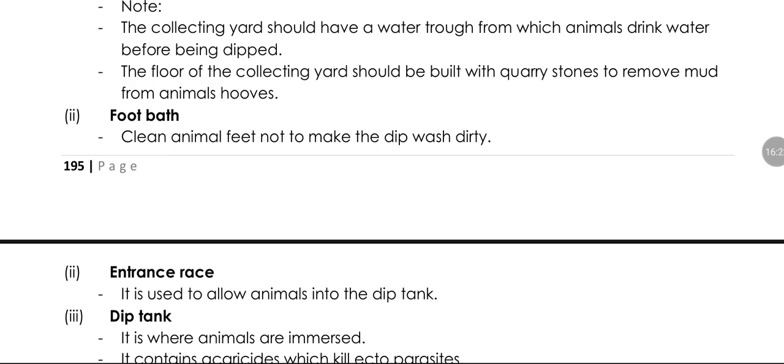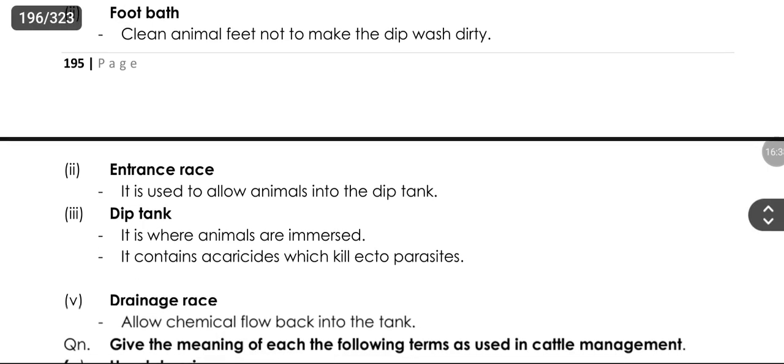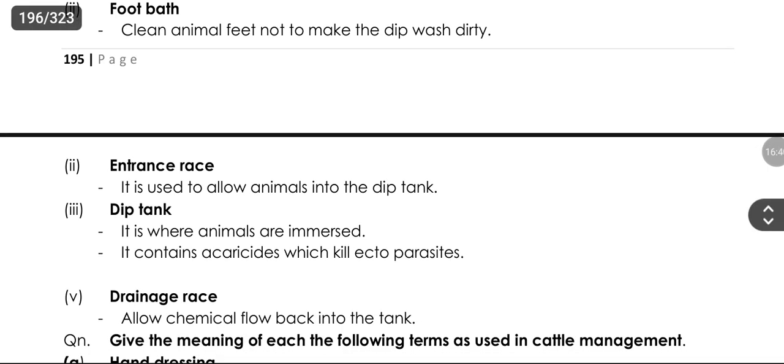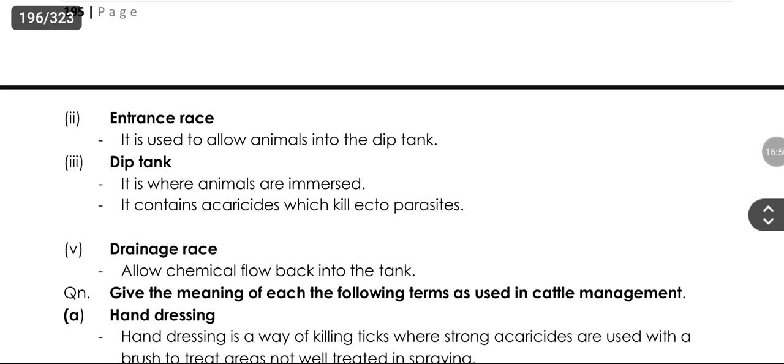Then next is the entrance race. It is used to allow animals into the dip tank. Animals enter the dip tank. The dip tank is where animals are immersed. It contains acaricides which kill ectoparasites. The drainage race allows chemical to flow back into the tank. But mainly, what I told you in class is that it is where the animal dries.